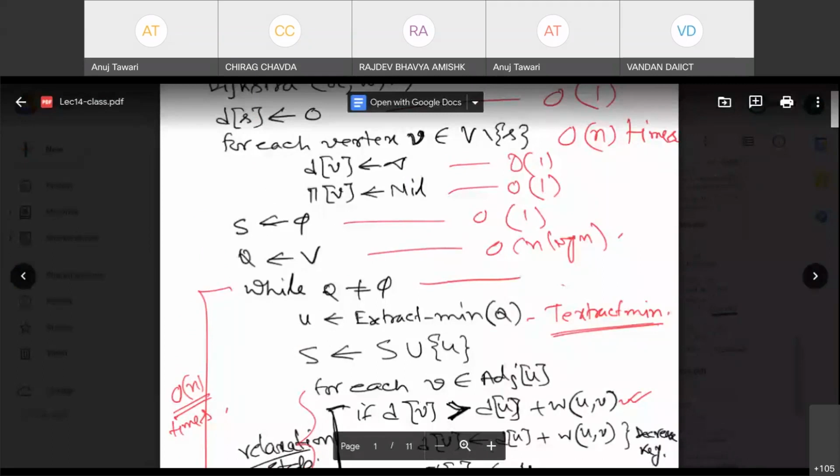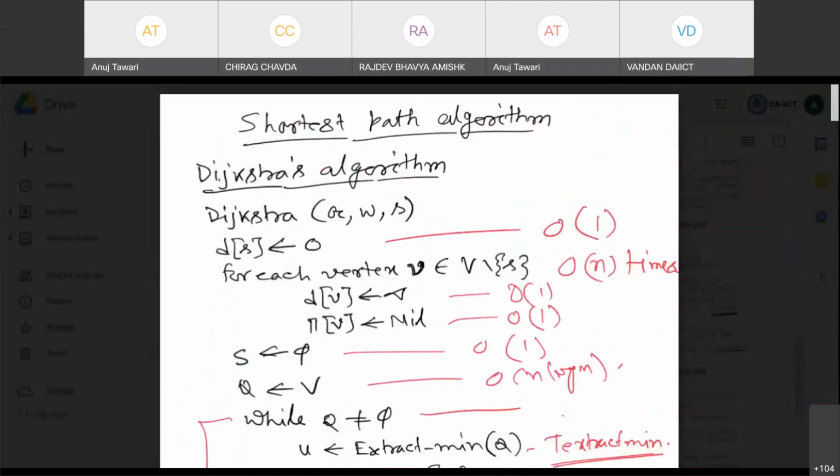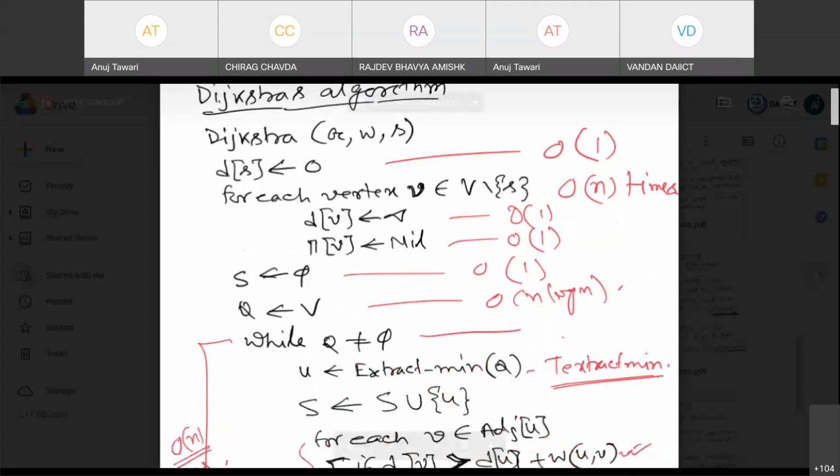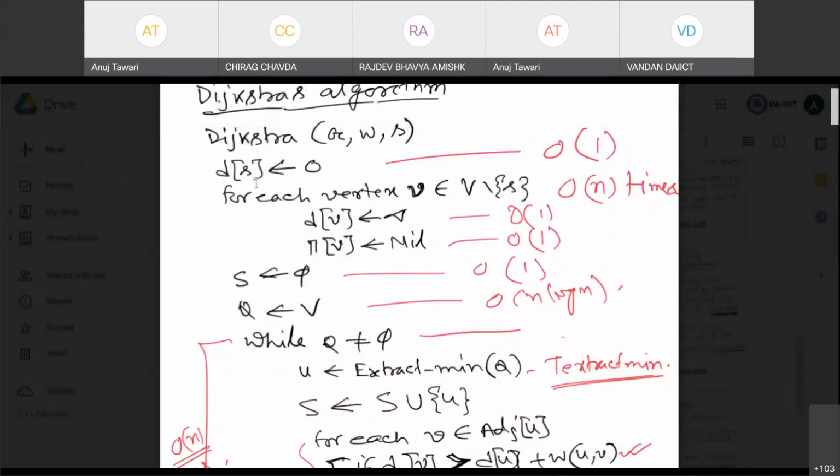Sir, what topics are remaining till mid-sem? So we'll have both. I think this will be until the shortest path thing. So mainly we have just seen two things: divide and conquer and this greedy paradigm. That will be the syllabus.